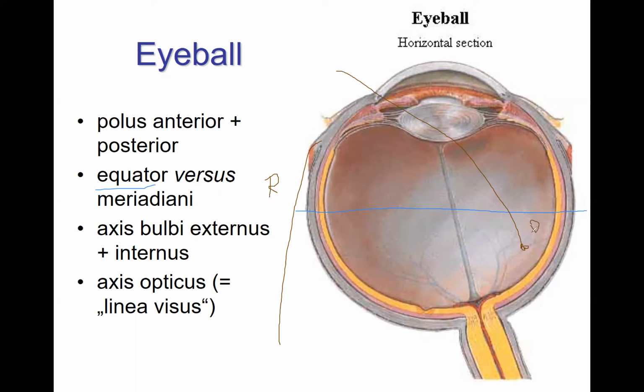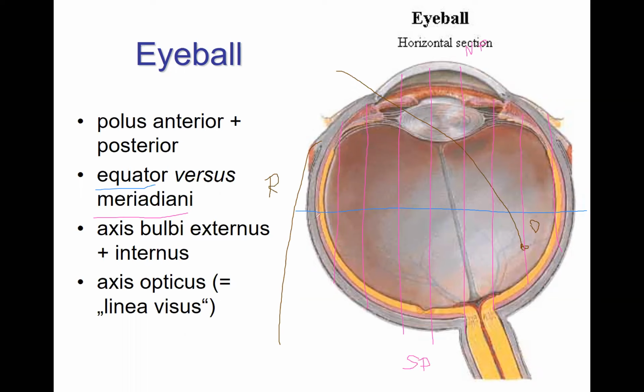We don't have any oblique muscle shown here. So this is the equator, and meridians are of course perpendicular to equator, so we have meridians like this. So this looks as an Earth globe, and this would be the North Pole and South Pole of a globe, if you look at it.